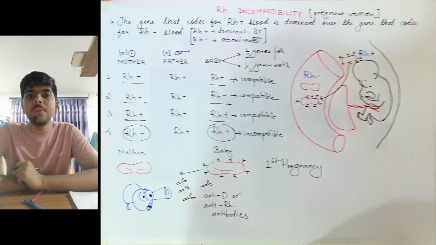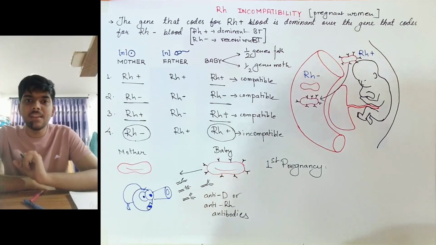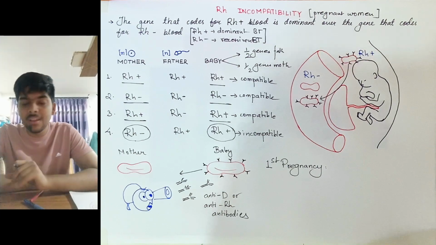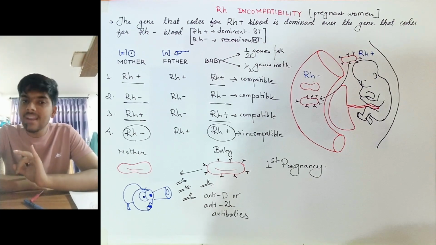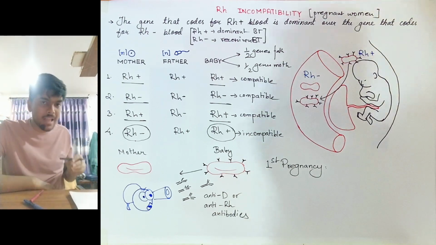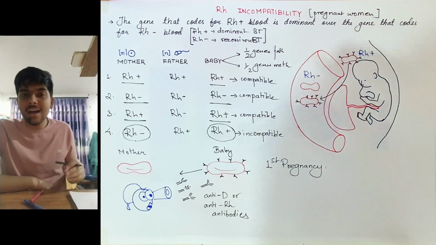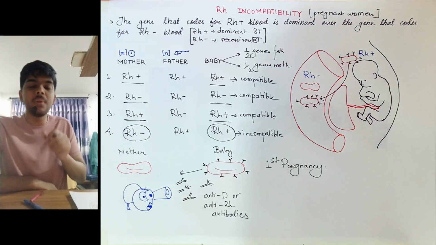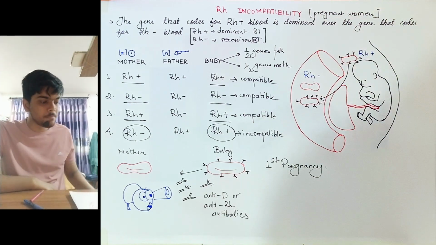Like in the case of the ABO system of blood grouping, anti-A antibodies and anti-B antibodies were pre-prepared and present in the plasma. However, in the case of the Rh system, anti-Rh antibodies are not pre-prepared and present in the plasma.